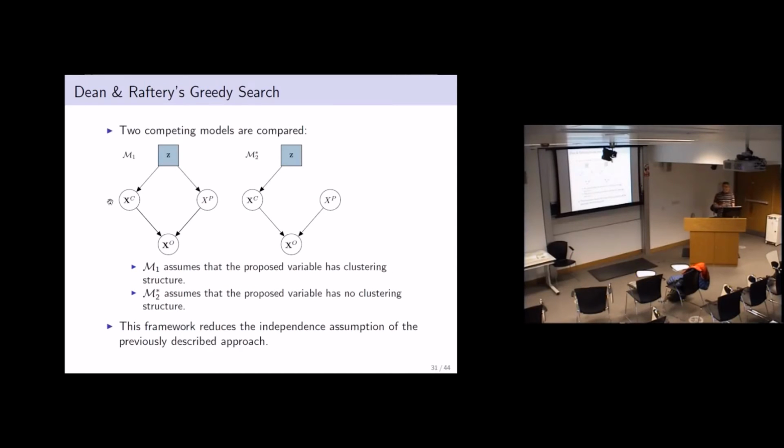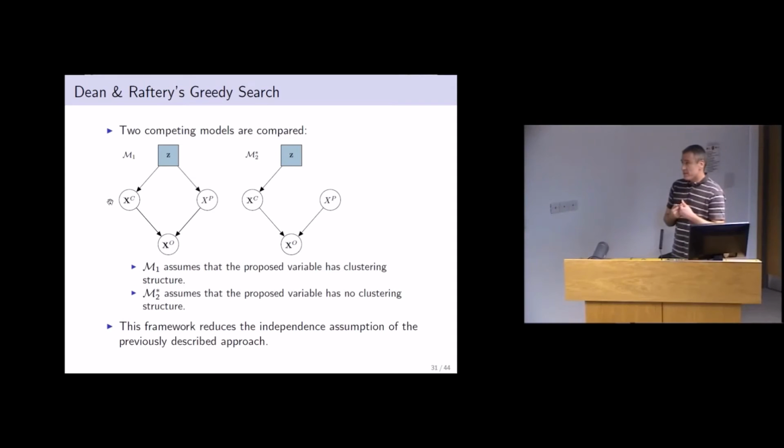They decided that the decision on whether you should add a variable to the model should be, again, based on some sort of statistical model selection approach. So you're going to compare two competing models in their approach. This is the clustering variable, the Zs, which tell you which groups each observation comes from. If the variable is useful for clustering, this is a graphical model trying to explain the data.